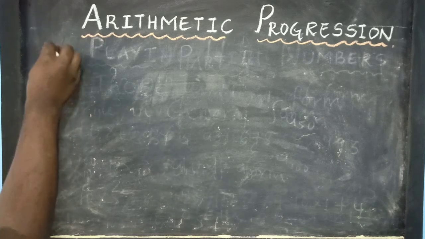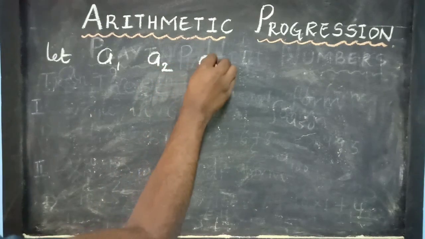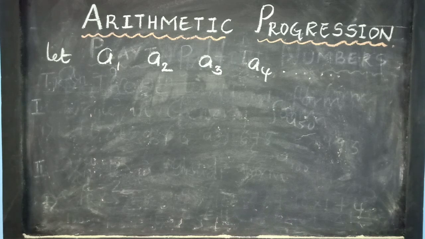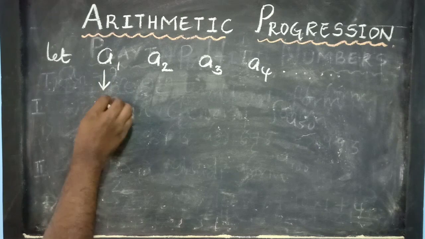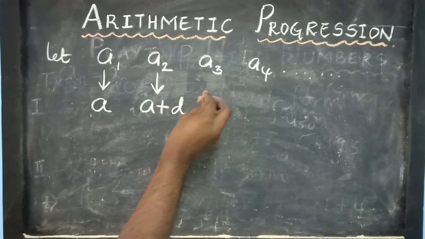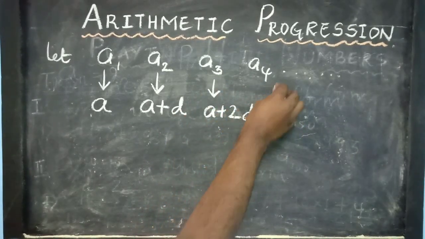Now consider, let A1, A2, A3, A4 and this goes on be an AP. Now by using the general form, A1 is what? A. Then A2 is A plus D. What is A3? A plus 2D. Then what is A4?